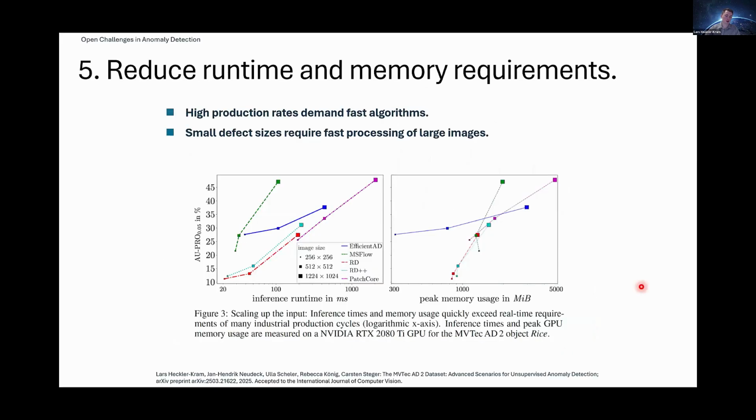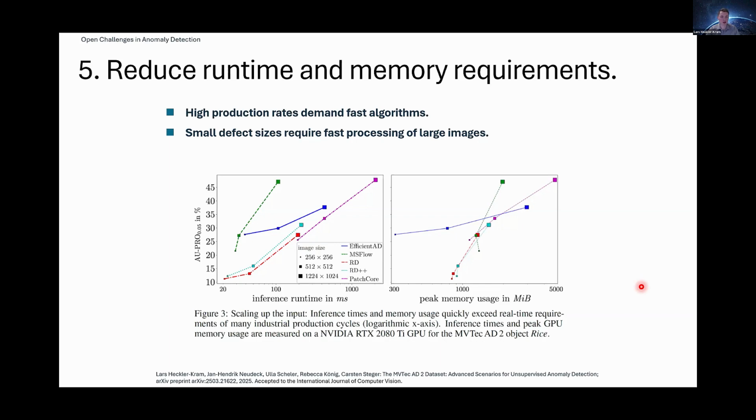The second point I would like to highlight here, or the second challenge, is the reduction of runtime and memory requirements. So as mentioned before, usually we do not have a high-power GPU in the industrial setting, but rather an edge device. So runtime and memory footprint are really important criteria for whether or not a model can be deployed in a practical application.